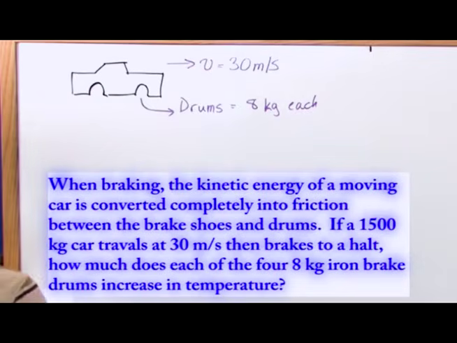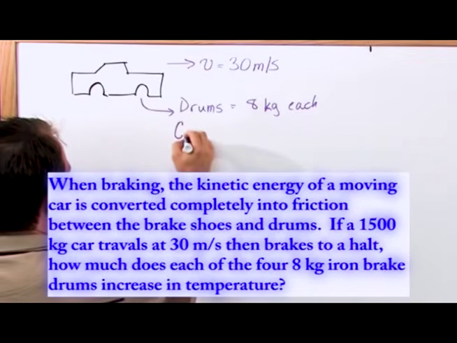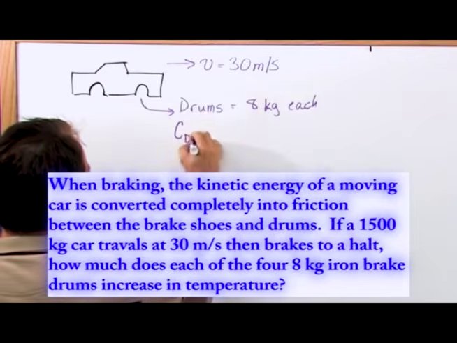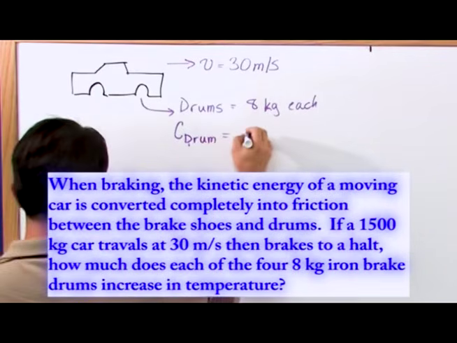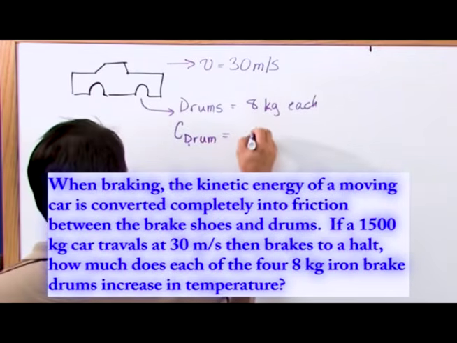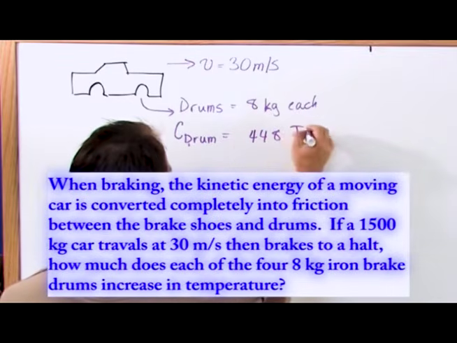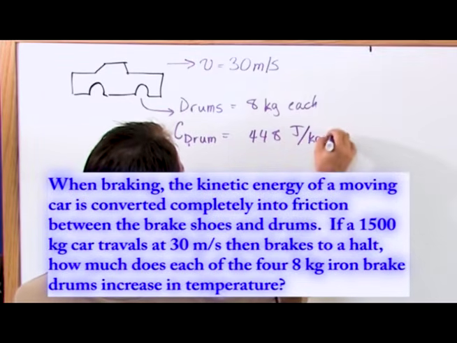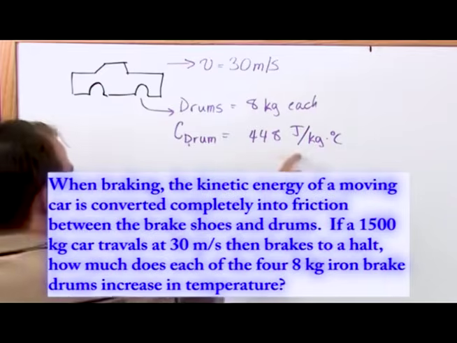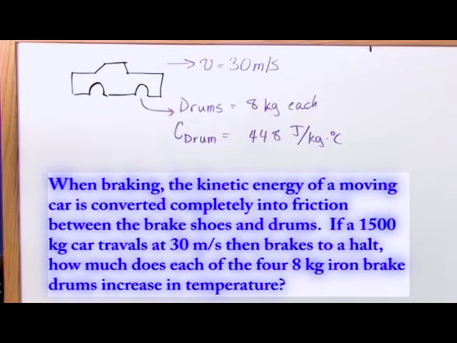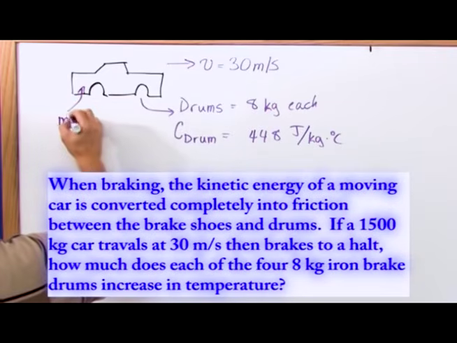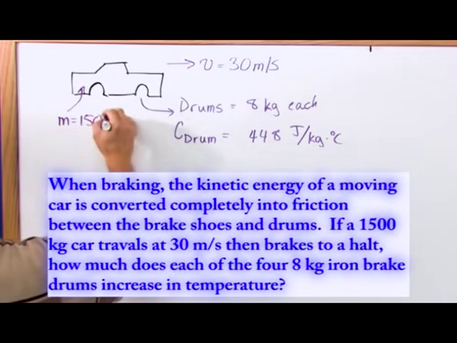And we know that the specific heat of the drums, because they're iron, is given to us as 448 joules per kilogram degrees Celsius. That's the standard units for specific heat. We know they're made of iron, so we know the specific heat of that guy. And last but not least, we know that the mass of this car is 1,500 kilograms.